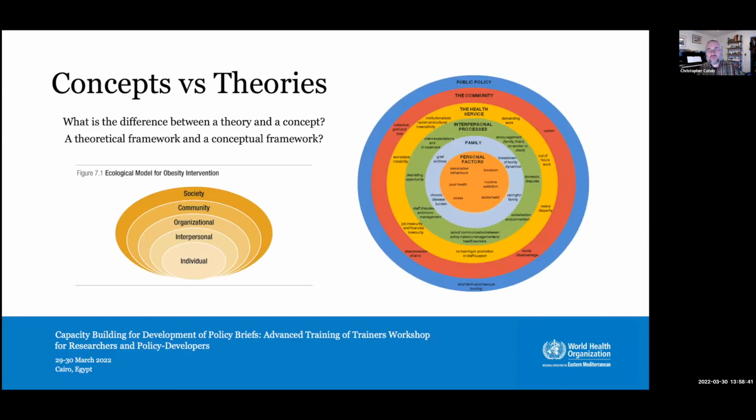Let me just take you through it, hopefully you've been following what I've been saying. I'll link the visuals to what I've been saying. These are the two conceptual frameworks that I was pointing to. And they're conceptual because they organize the names for things, but they don't show how they're connected.